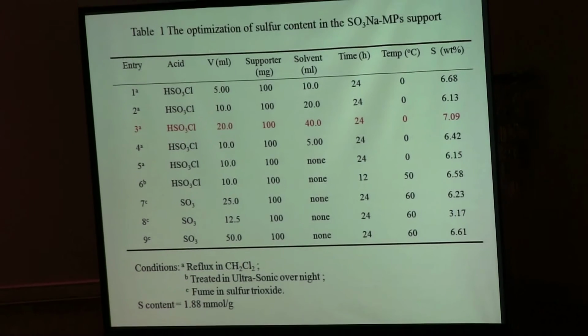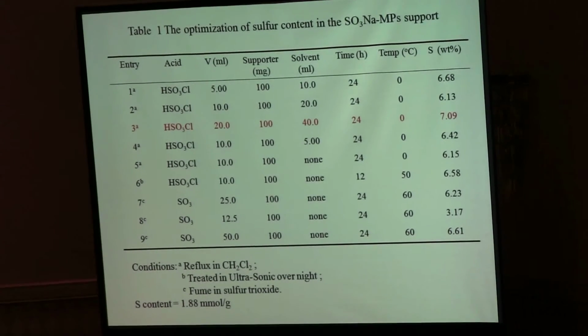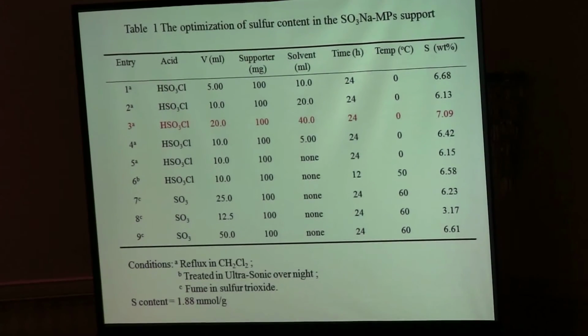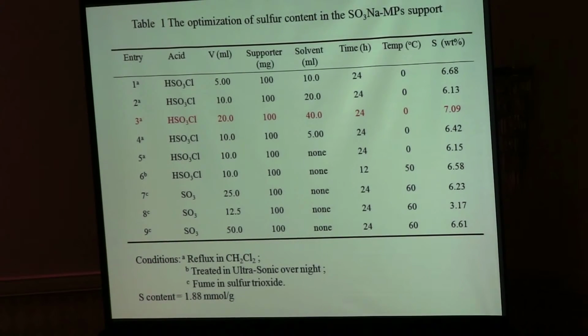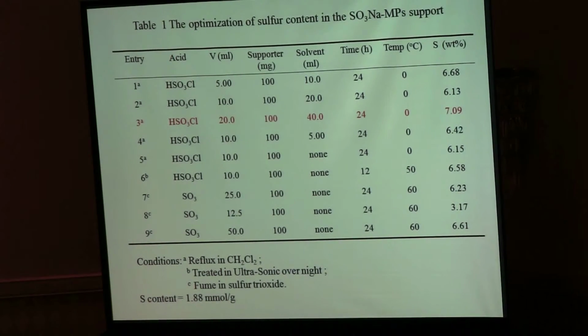Since this had not been reported by any groups, we were very careful to do controls. First we optimized the sulfur in our support, and after trying different things, we found to use this acid and the solvent is DME.